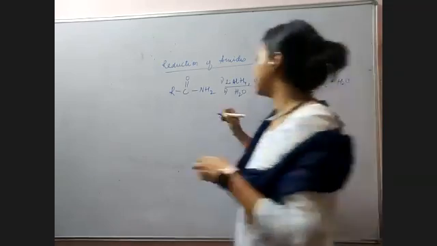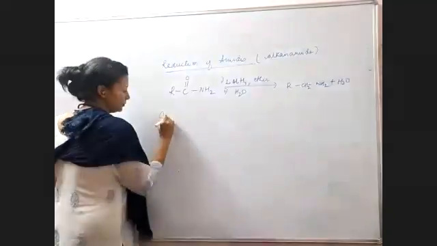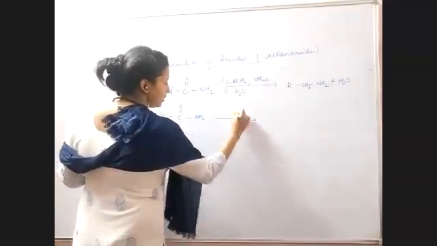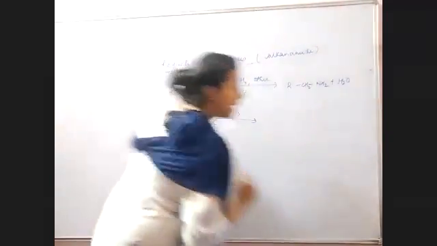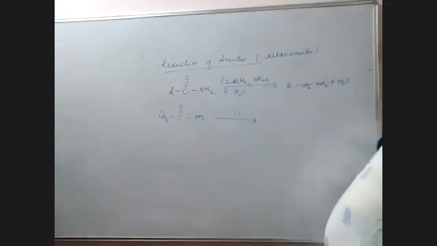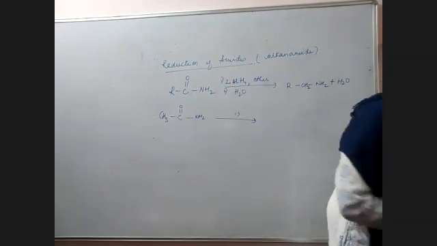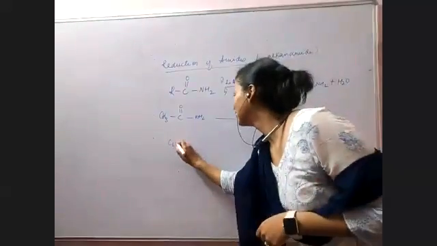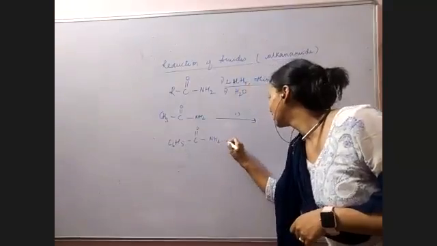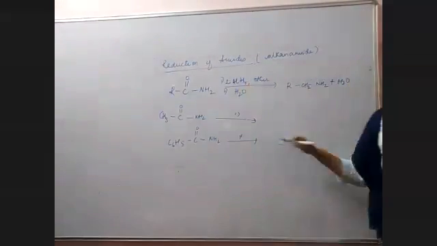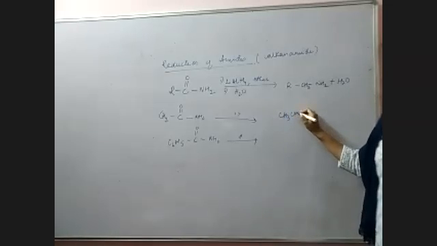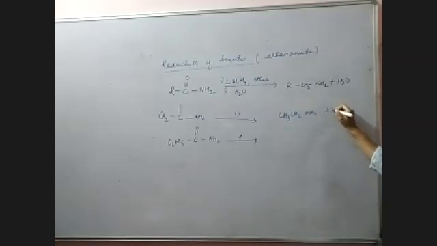So you will give me the product of this one and this one, the products of both. CH3CH2NH2 plus H2O, right?